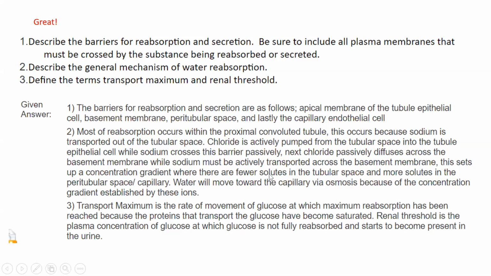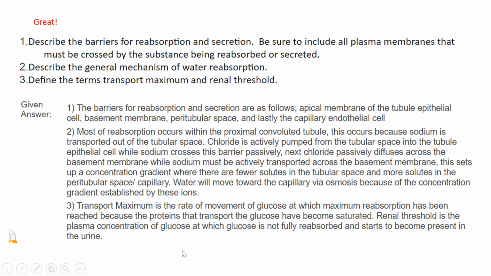Sodium is moved passively into the cell, pumped actively across the basement membrane or the basolateral membrane. Chloride is moved actively into the cell, and it goes passively across the basolateral membrane. And then because of the movement of those two solutes, water moves according to its gradient, according to osmosis.